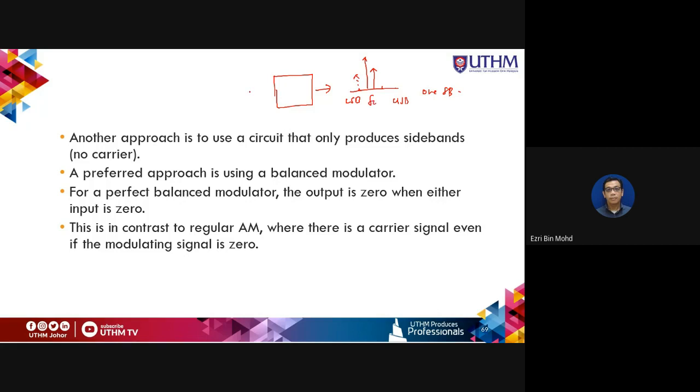So this circuit, let's say for example, VCT is our carrier and VMT is our modulating signal, then the output produces only the carrier element and upper sideband element, or whatever circuit only produces the lower sideband and upper sideband without the carrier.